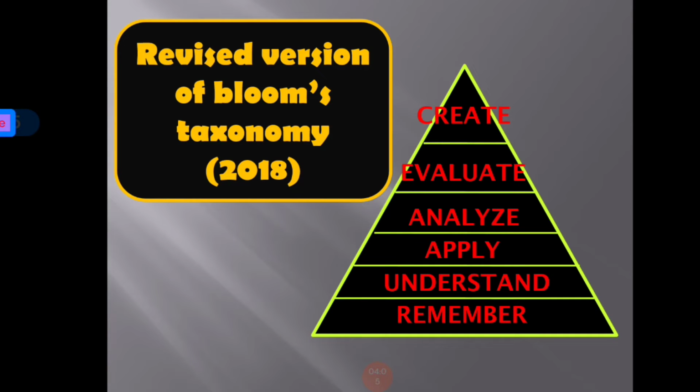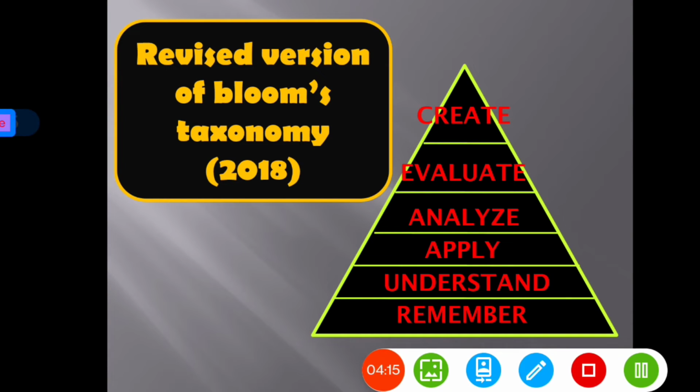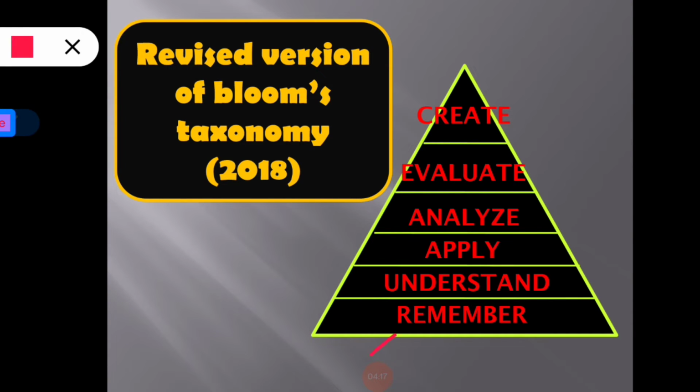Here we can see the revised version of Bloom's taxonomy in 2018, and here there are 6 subcategories also. The first one is remember, understand, apply, analyze, evaluate and create. All categories are the same as the previous Bloom's taxonomy.